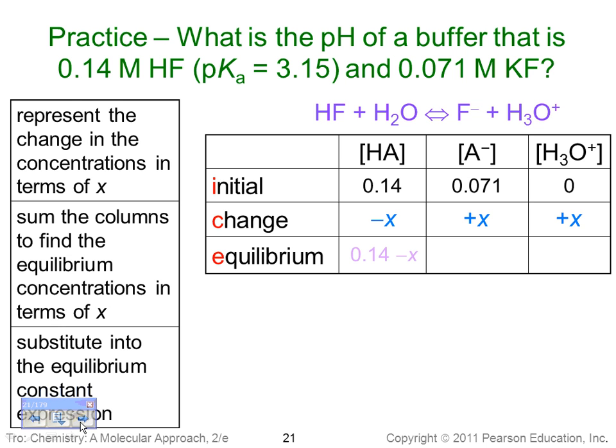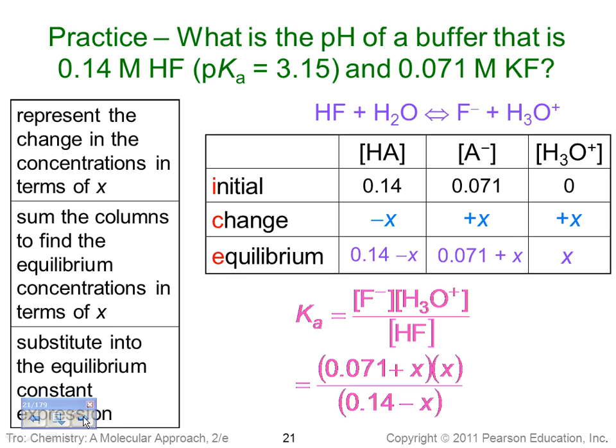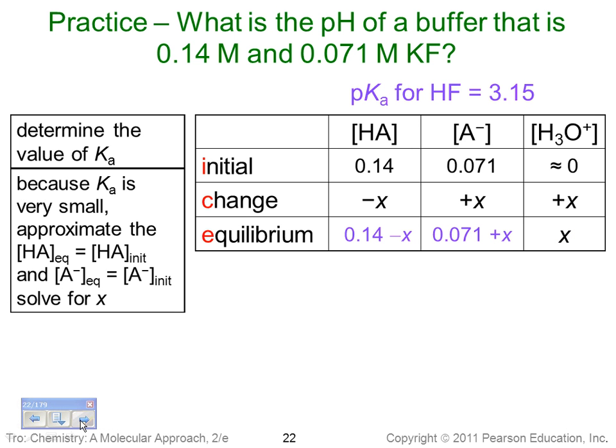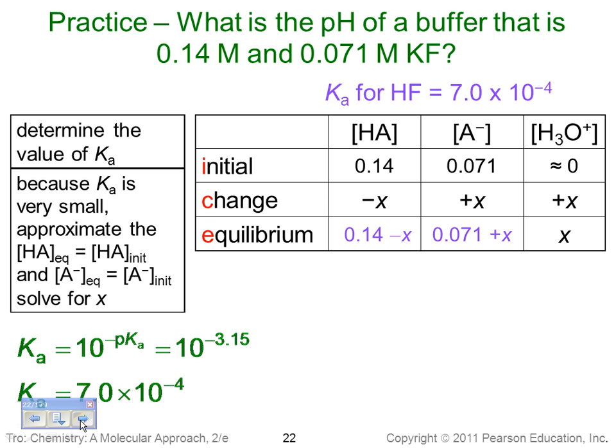At equilibrium, 0.14 minus X, 0.071 plus X, and X for the equilibrium concentration of the hydronium. I know what the equilibrium expression is going to look like: products over reactants. So there's my equilibrium.